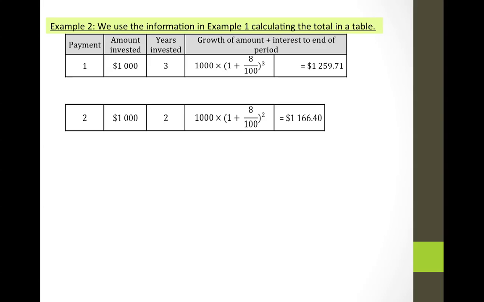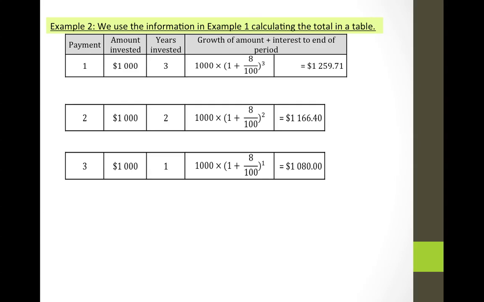$1,259.71. At the end of the second year, the $1,000 invested then will have 2 years left to earn interest. So that will be worth 1,000 times 1.08 compounded for 2 years, which will have grown to $1,166.40.